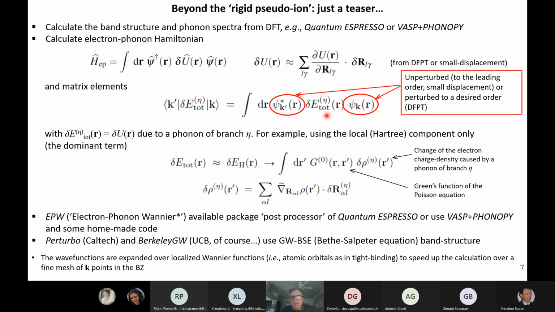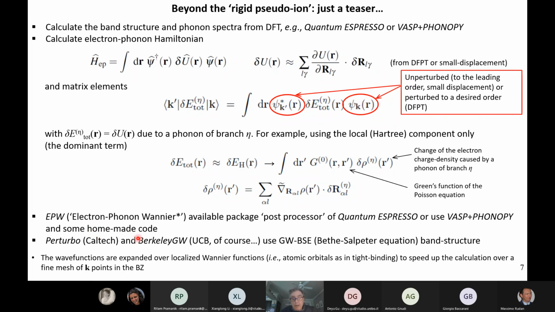There are more complicated versions of density functional perturbation theory, in which, depending on the order in which you want to perform the calculations, you may actually go to the second order corrections, and then you will need the first order perturbed wave functions in this matrix element. There is a variety of algorithms that you can use.